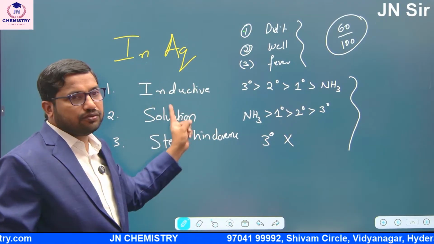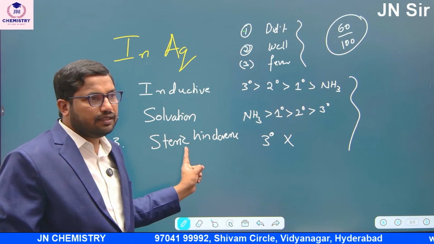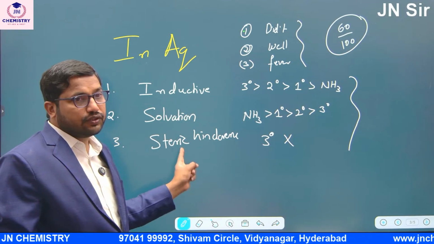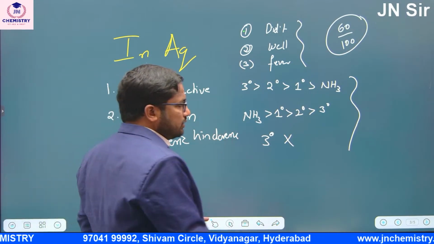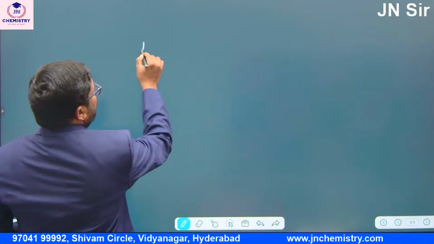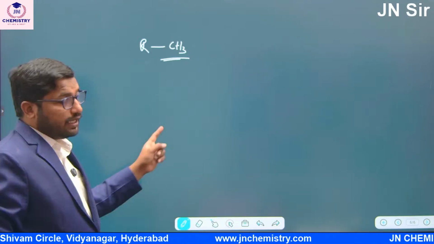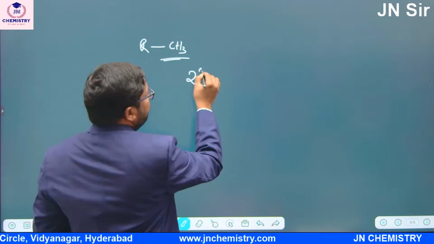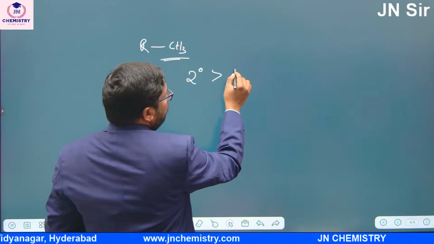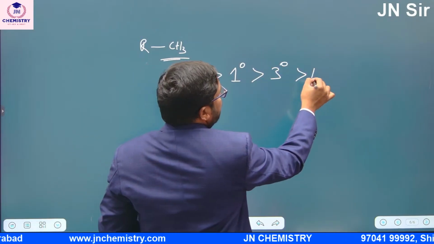Particularly here also, the basic nature of amines is affected by these 3. Experimentally they decided that. This is the important thing. If the R group is a methyl group, everyone should remember this order: 2 degree, then 1 degree, then 3 degree, and ammonia.